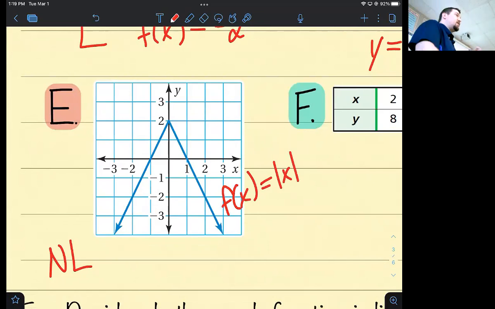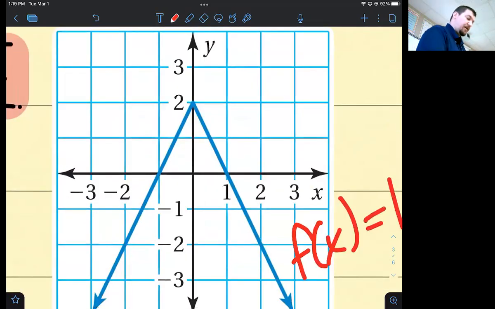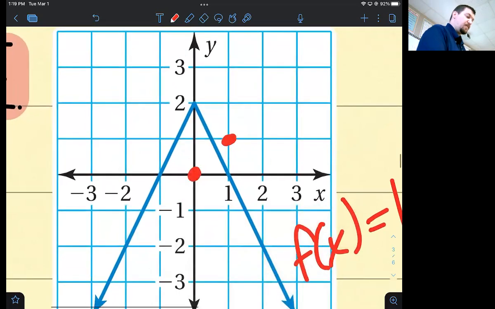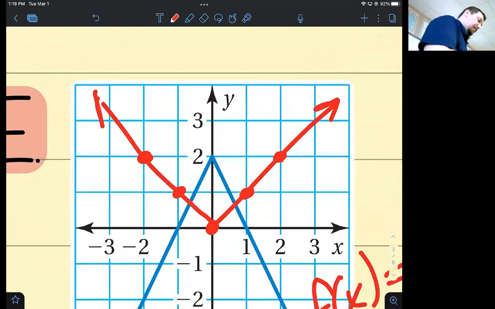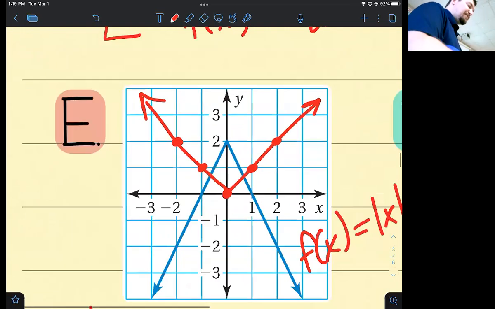When you take the absolute value of a number, it will never be negative. So for example, if I take the absolute value of 0, it's 0. If I take the absolute value of 1, it's 1. Absolute value of 2 is 2. Absolute value of -1, still 1. Absolute value of -2, 2. And so this V is the parent function of the absolute value function.